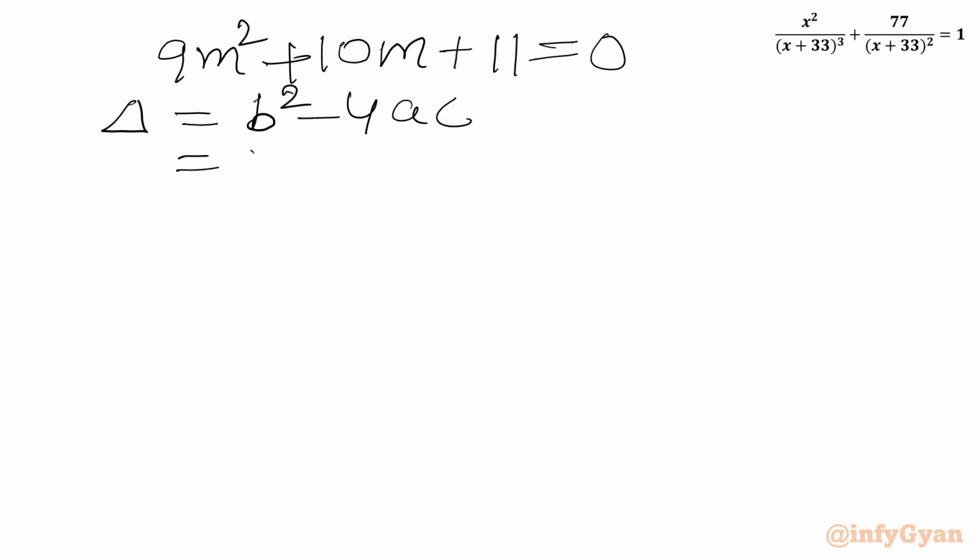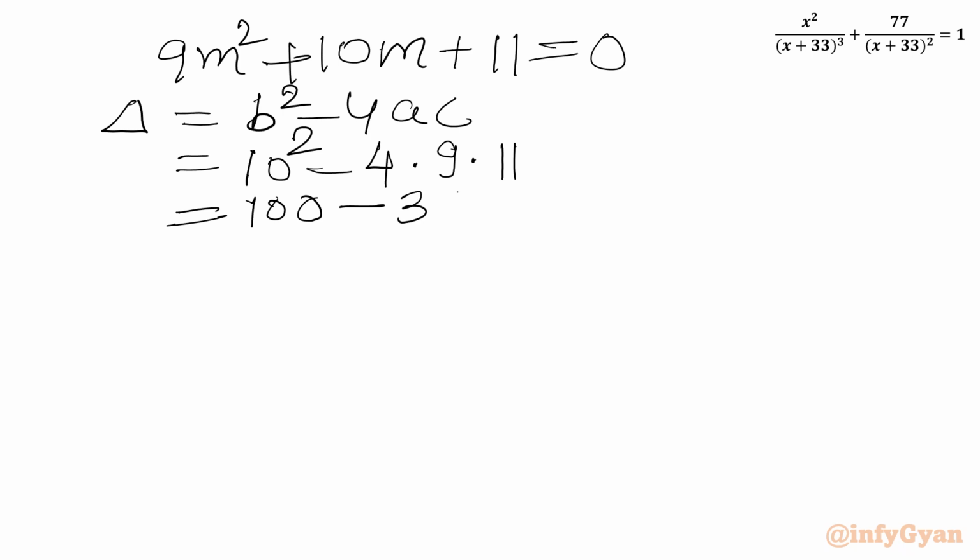Here b is 10, so I will write 10 square minus 4 times 9 times c is 11. So I will write here 10 square as 100 and 36 times 11, which will give us 396. So this difference will come out negative 296.